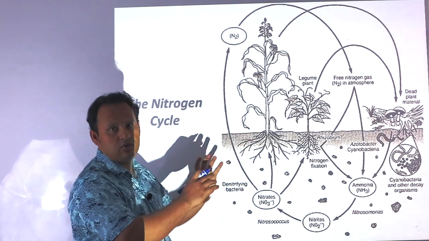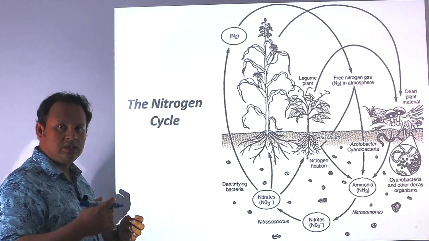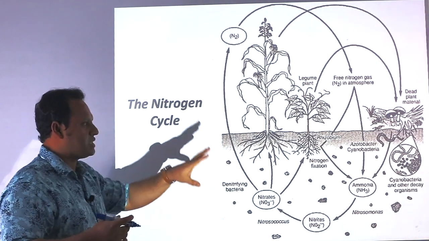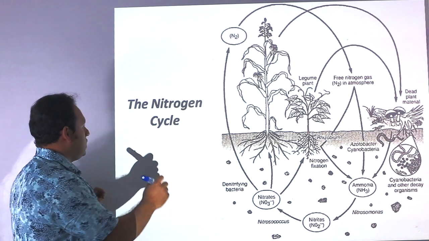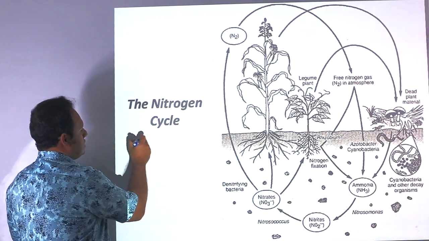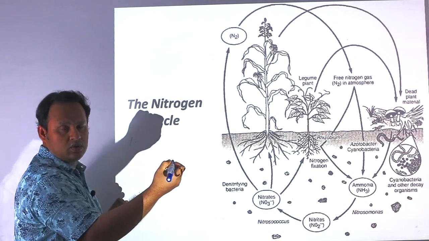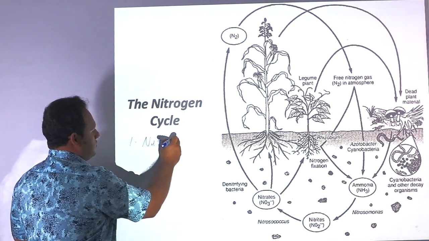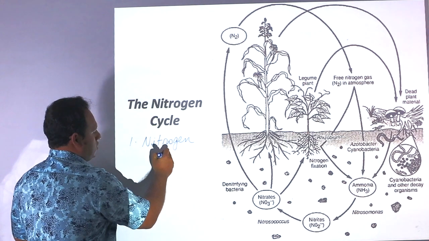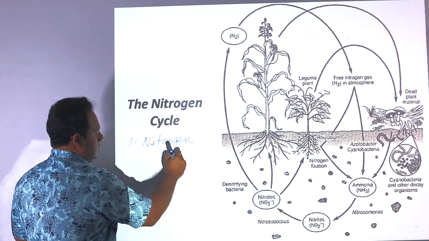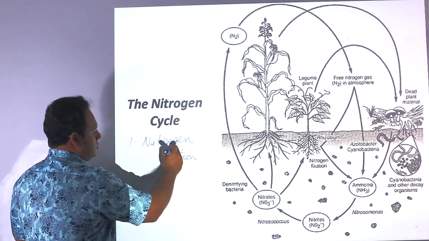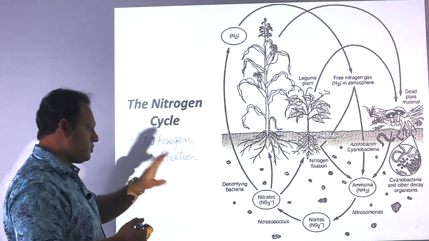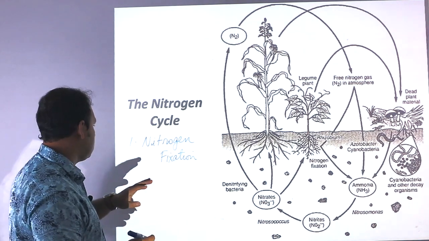So the whole nitrogen cycle consists of three distinct processes that are actually taking place. In the nitrogen cycle, what you have is the removal of nitrogen content from the atmosphere, which is nitrogen fixation. So nitrogen is actually fixed from the atmosphere by organisms, specifically bacteria. So we are going to talk about that.